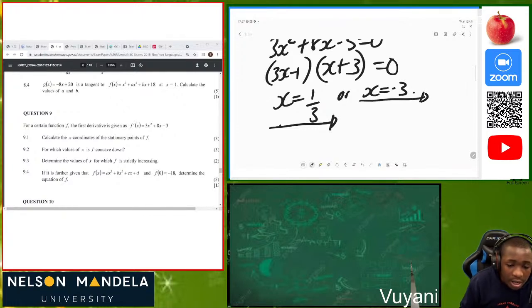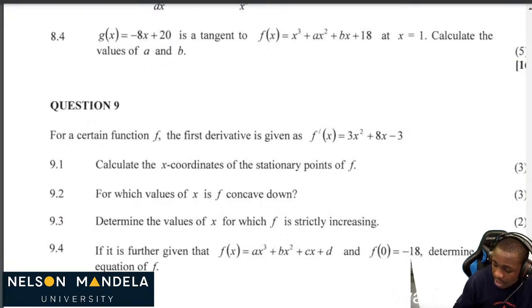Okay. Now moving to 9.2. For which values of x is f concave down? F will be concave down if the second derivative is less than 0, guys. Okay, so let's write that down.